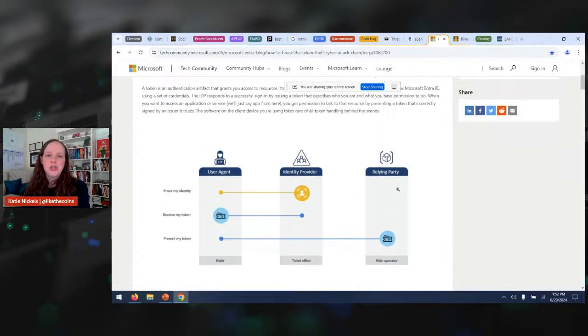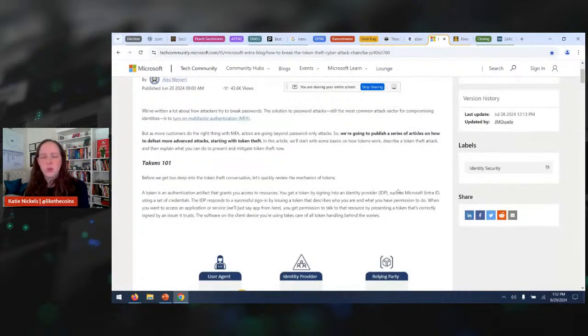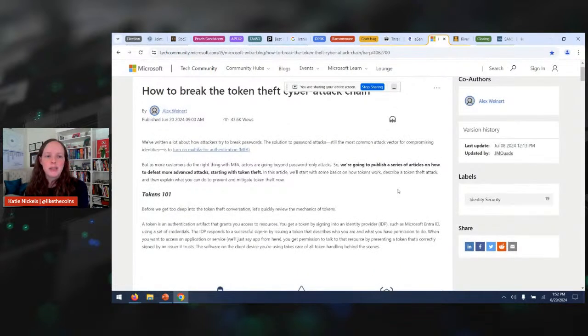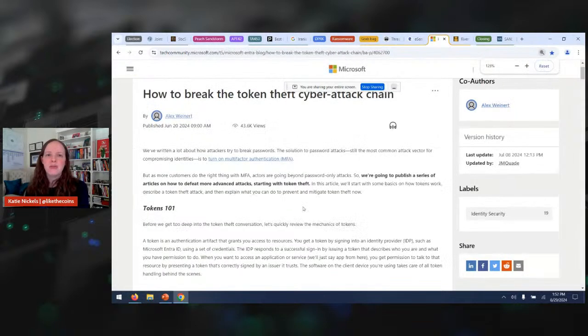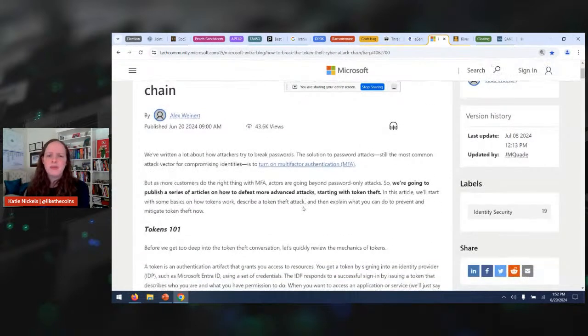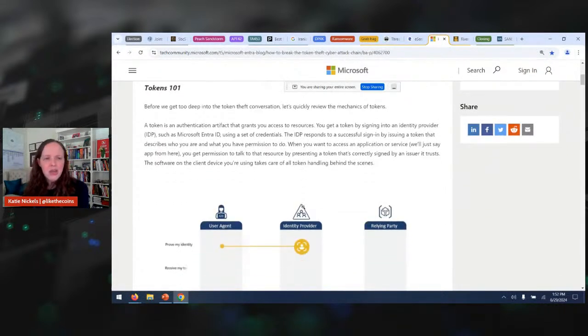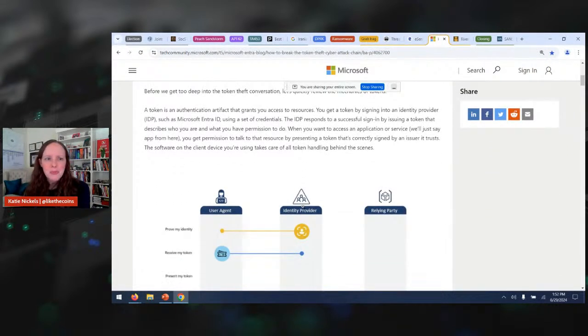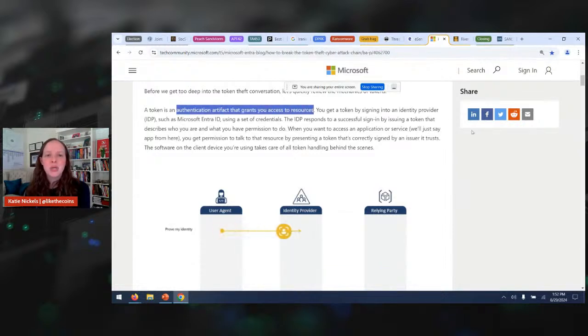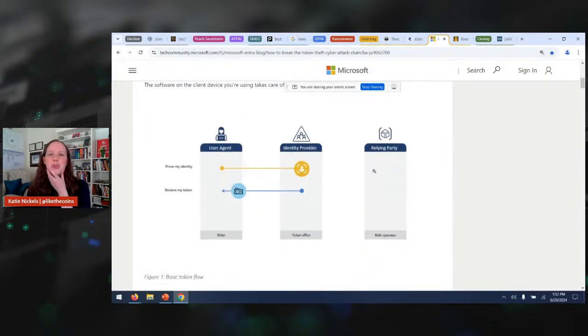If you were paying attention to anything in the cloud world, you know that tokens are really important. And I found that trying to figure out some of the details of what logs capture what information about tokens, what tokens are, and how to think about tokens can be hard. Let's back up. A token is an authentication artifact that grants you access to resources. And one cool thing that they did, I think metaphors are really helpful.